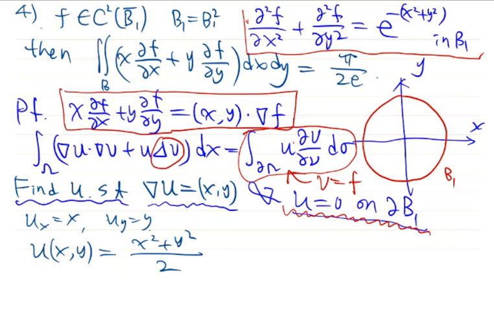But this is easy. You just modify this u by subtracting a half. On the unit circle, x squared plus y squared is 1. So after subtracting a half from our previous u, the new u will satisfy all our requirements. So this is the idea for solving this problem.